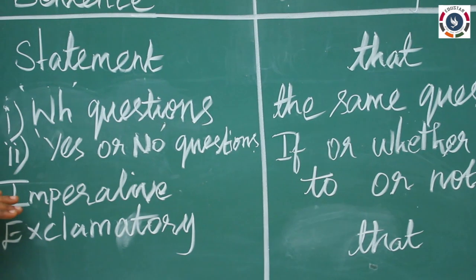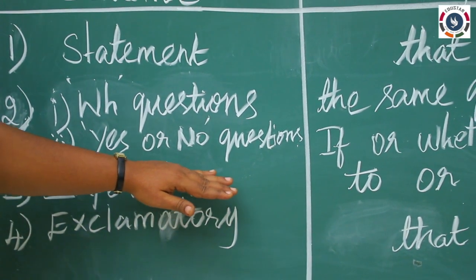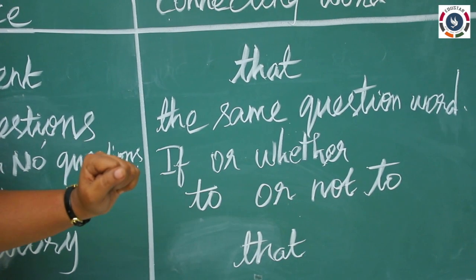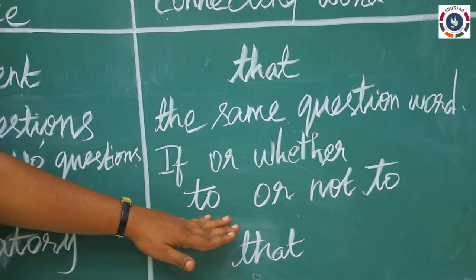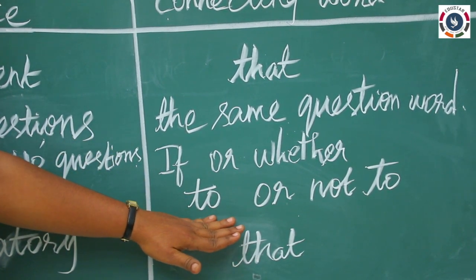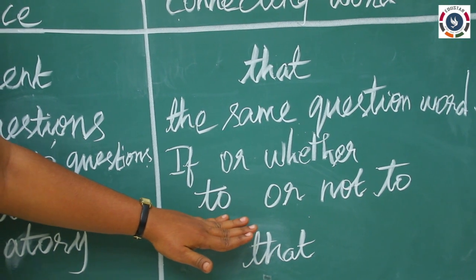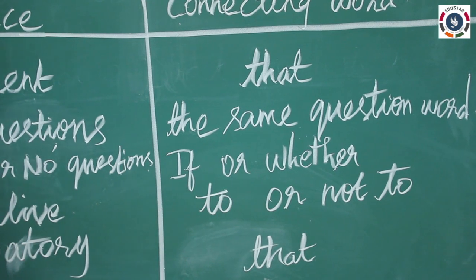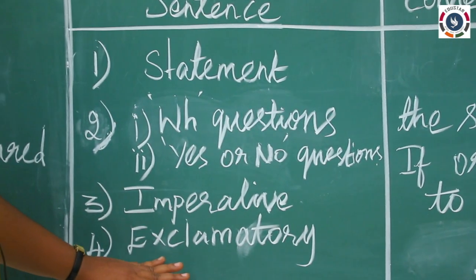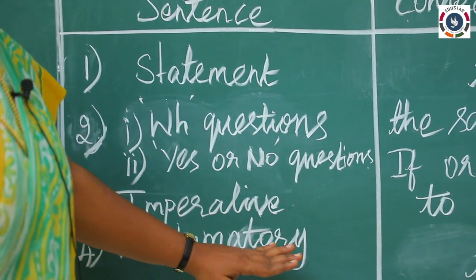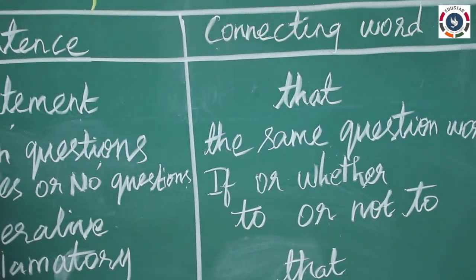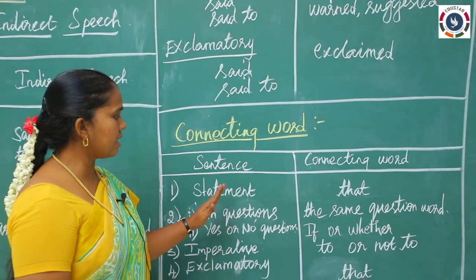And if it is an imperative sentence, you can use "to" or "not to". "To" is for affirmative sentences, that is for positive sentences, and "not to" for negative sentences. And next is the exclamatory sentence, and for that also "that" is the conjunctional word. So, once again we will recollect.